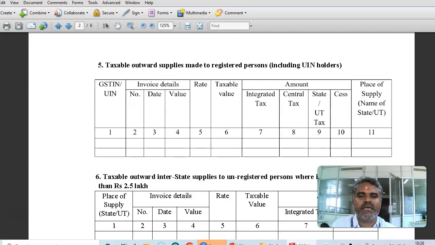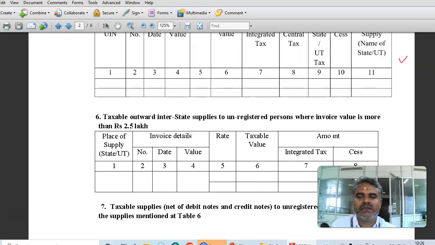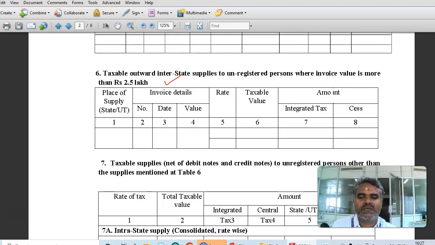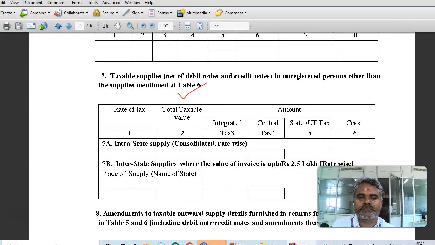Taxable outward supplies made to registered persons, including UIN holders, when you have a unique identity number, probably non-resident. Then taxable outward interstate supplies to unregistered persons where the invoice value is more than 2.5 lakh. Then taxable supplies net of debit note and credit note to unregistered persons other than the supplies mentioned above.